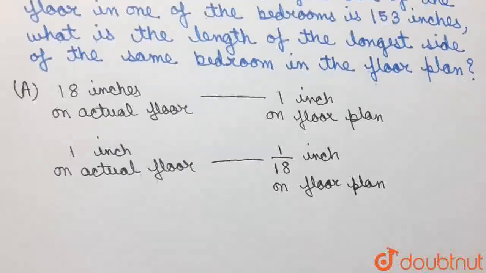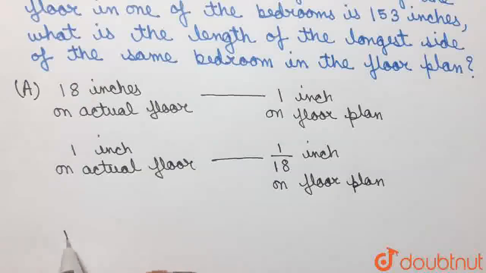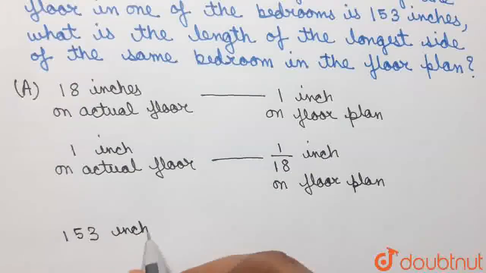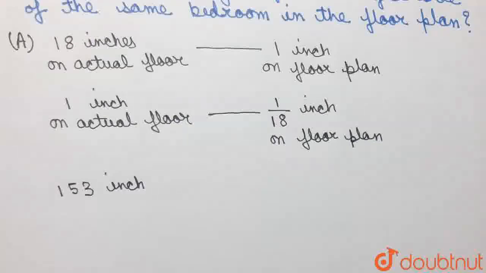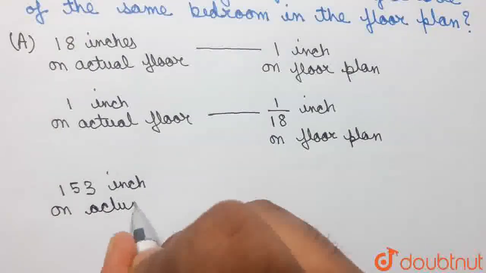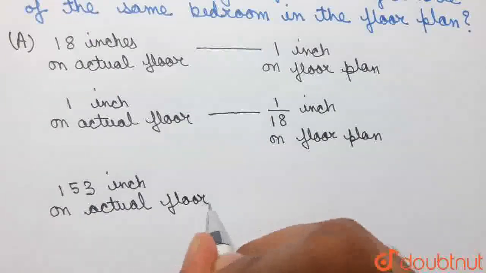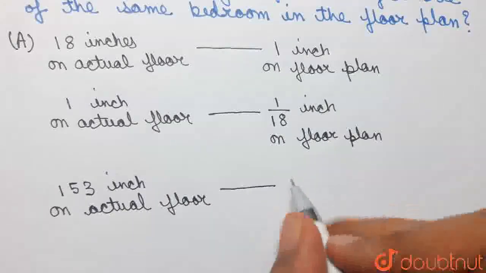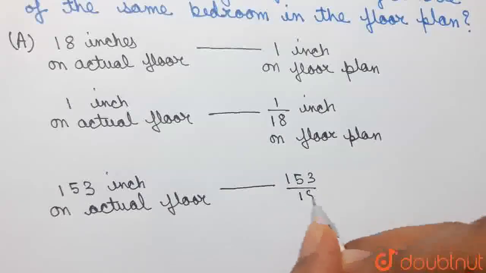Now from this we can write that a length of 153 inch on the actual floor will be equivalent to, we have to multiply 1 by 18 with 153, hence 153 will come in the numerator, in the denominator we have 18.